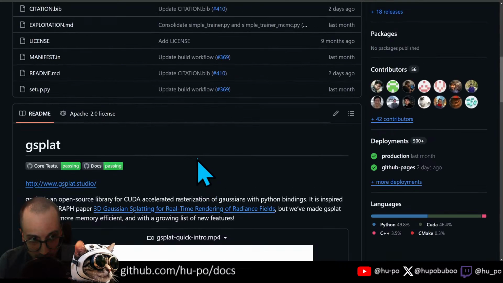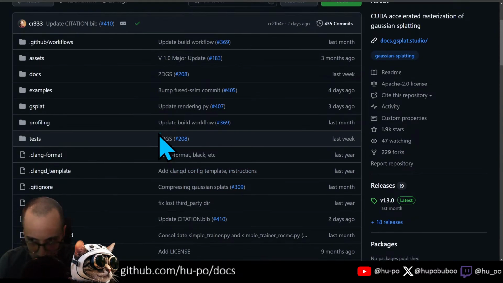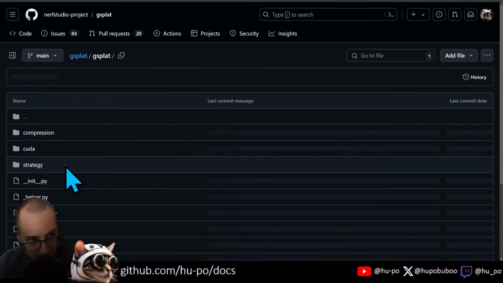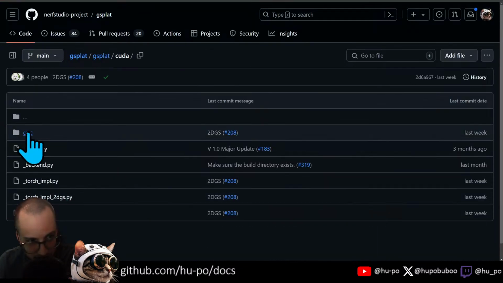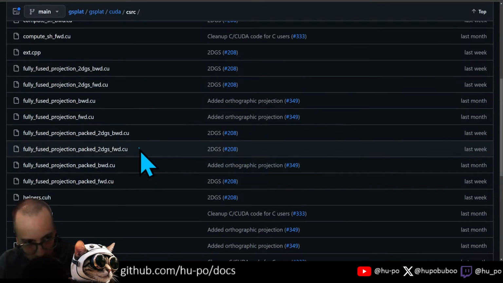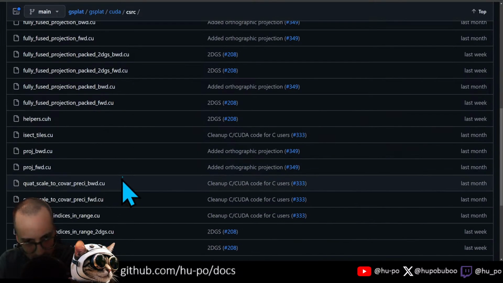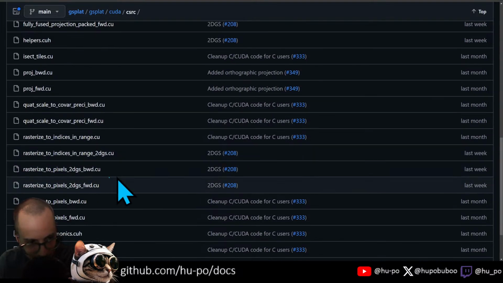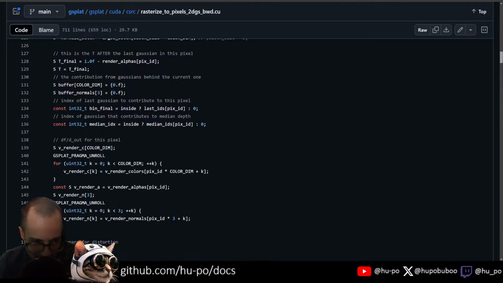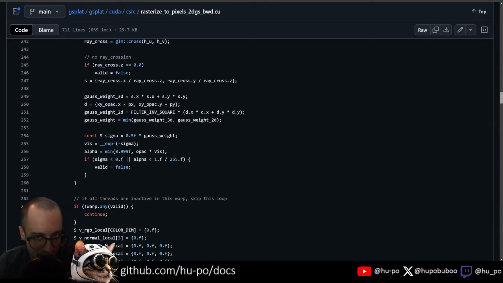So you can actually go here, and it's not just a Gaussian splat implementation in Python. You can go into here, GSplat, and then CUDA, and then into the C source code, and here you go. Here's the actual CUDA code for all the different operations that you have in Gaussian splatting. So rasterizing pixels, right? So here you go, boom. This is the CUDA code for that, right? So this is secretly a huge deal, right?